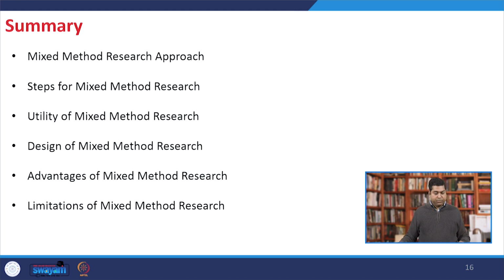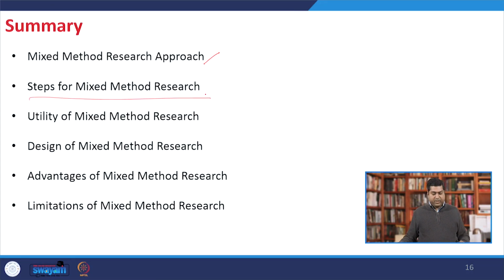In the summary, we have understood what the mixed method research approach is, and the key inference out of it: mixed method has several advantages and utility over an individual method, because an individual method may have certain issues with subjectivity and objectivity, but in mixed method we can overcome that.